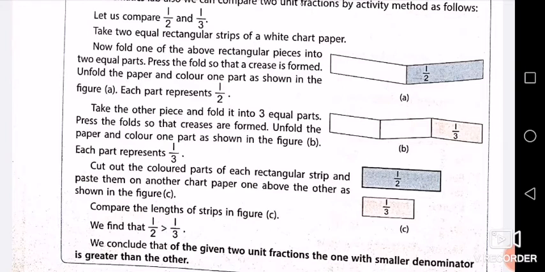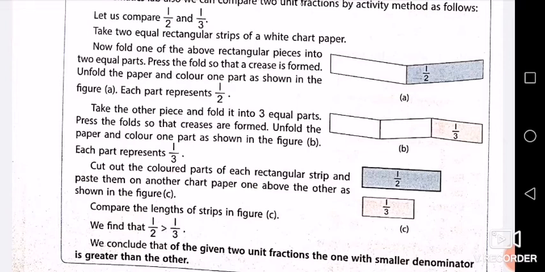Now cut out the colored part from each rectangular strip and paste them on another chart paper, or write there only in the notebook. And now you will compare the length of the strips 1 by 2 and 1 by 3. Clearly you can find out that 1 by 2 is greater than 1 by 3.